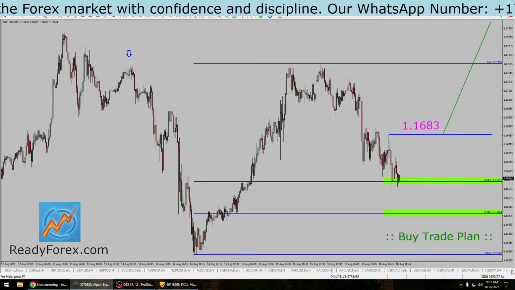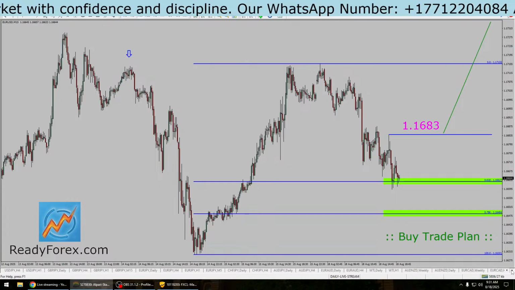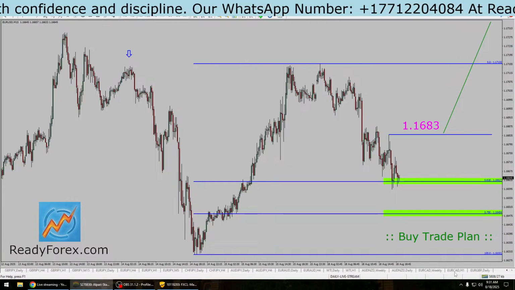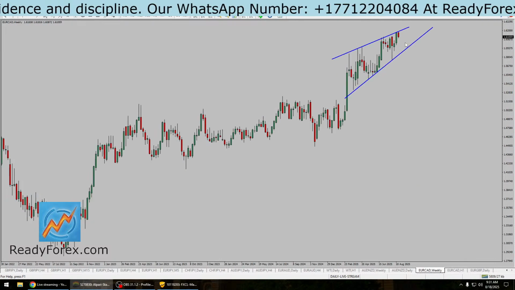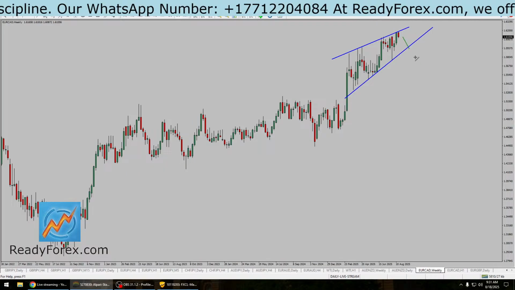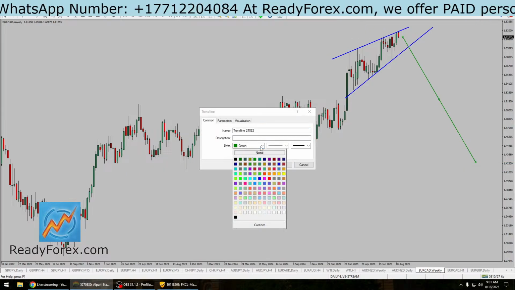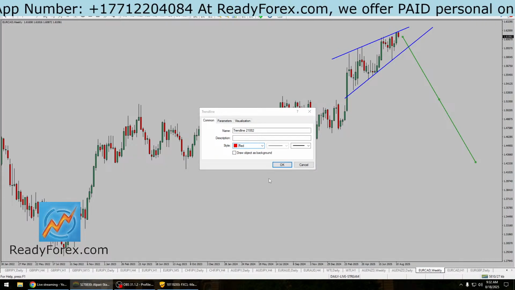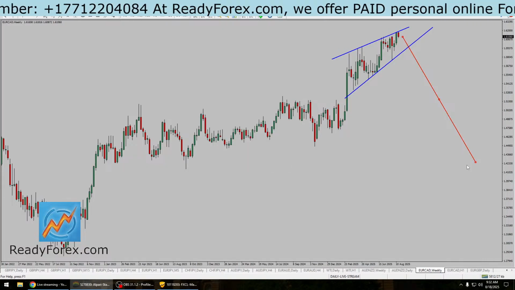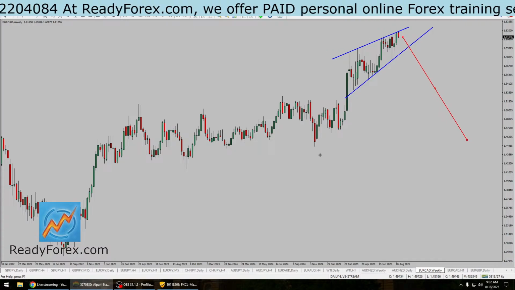So regarding the EURUSD, I already mentioned the EURUSD has actually printed quite a decent sell setup right up there, and these things usually break to the downside. We might not get such a deeper pullback, but it is probably going to hit this low over here.